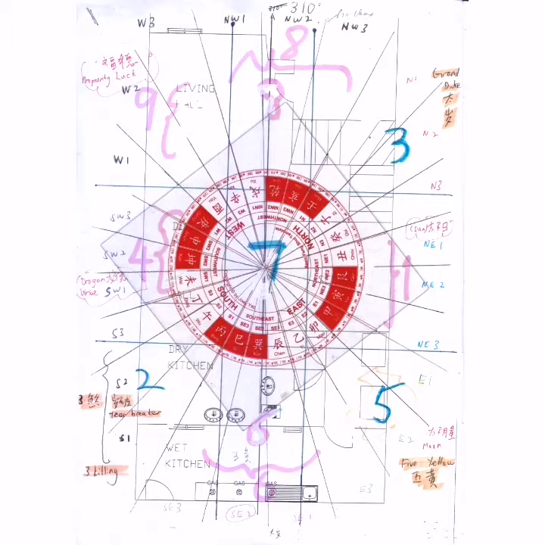In case you want to ask me how I draw all the lines, this is the template. I put it on the center of my house, I rotate to 310 degrees, then I start to mark all the locations. You see, starting from W1, W2, W3, from the left, NW1, NW2, NW3, until you mark all the locations.